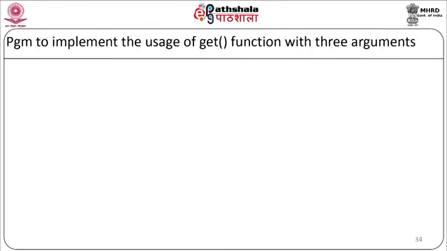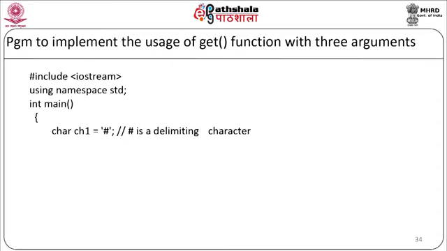Now let's see a program to implement the usage of get function with 3 arguments. We'll start with our program: #include <iostream>, using namespace std. We'll start with our main program as int main, char ch1 = '#', which is a delimiting character, text1[30], which is a character array. We'll display the message to the user as cout "Enter a text1".